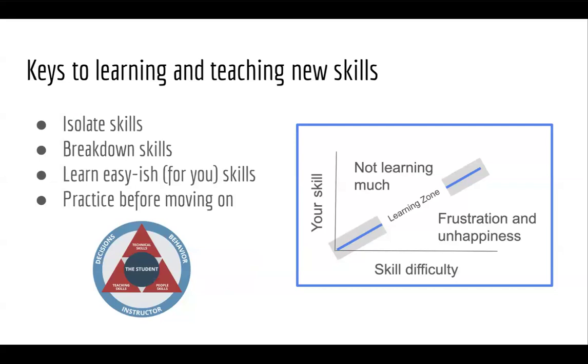I'll come back to this as I go through here. So key concepts for either learning or teaching people new skills. This diagram here, I think, is the really core concept. So this is our student, so you're here talking to the learner.